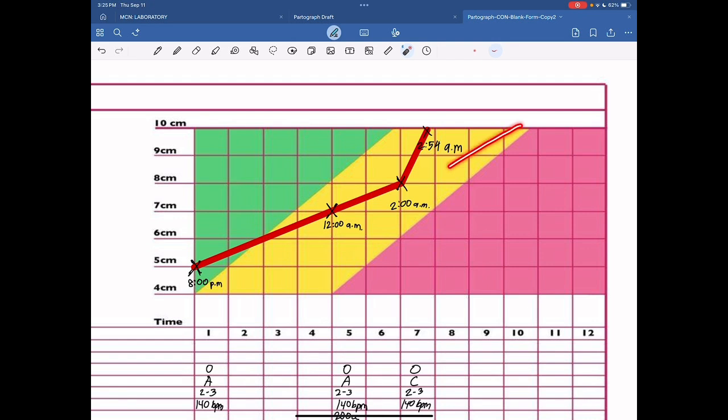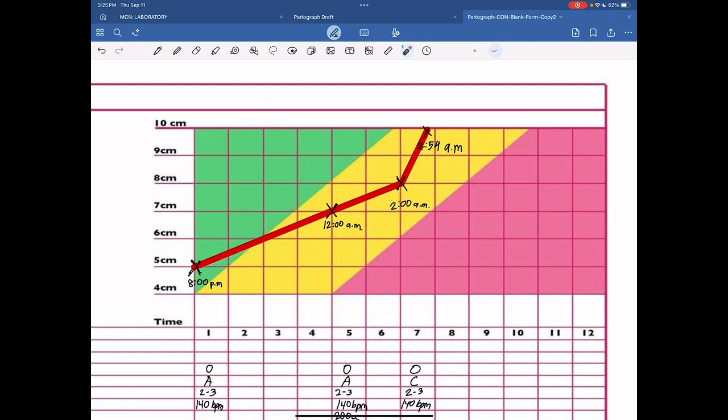Now, good thing that the labor did not go beyond our action line, because if the graph went beyond the action line, it means that medical interventions are required.